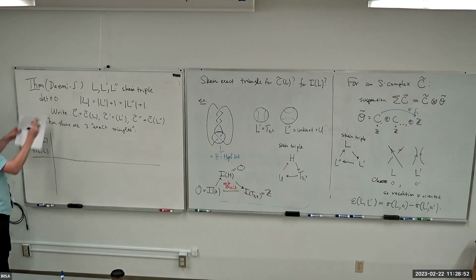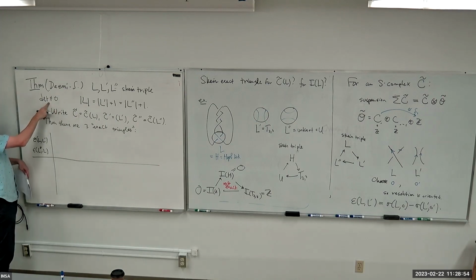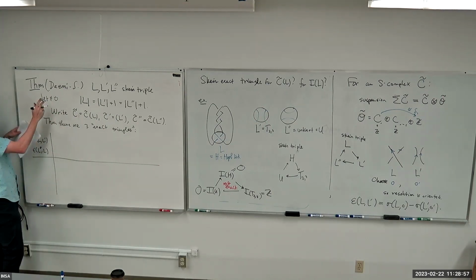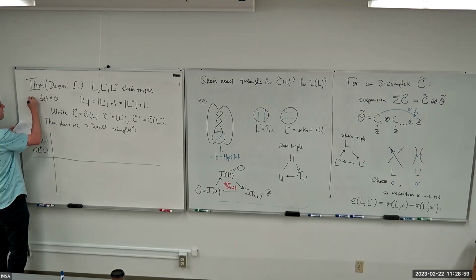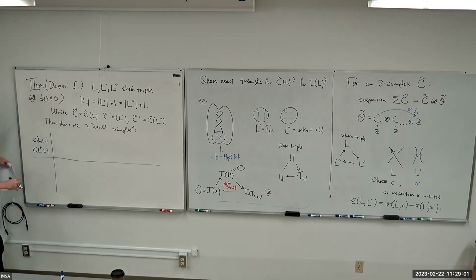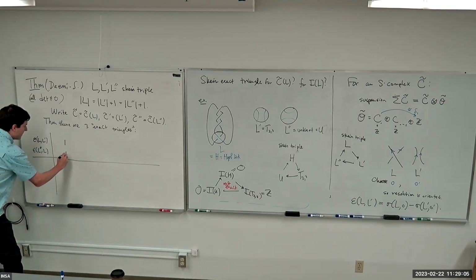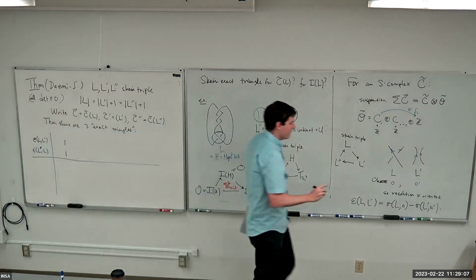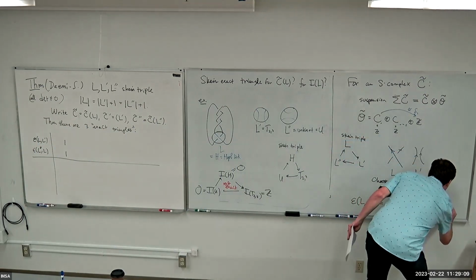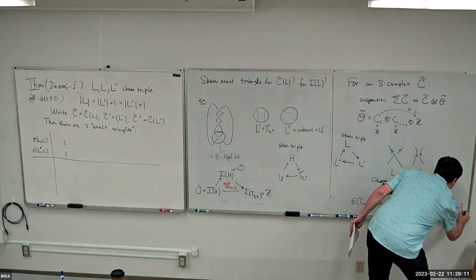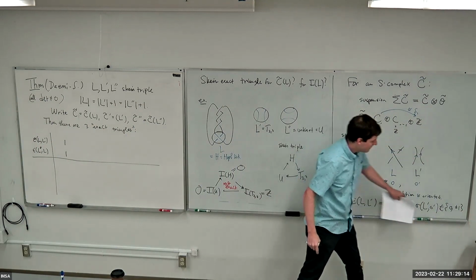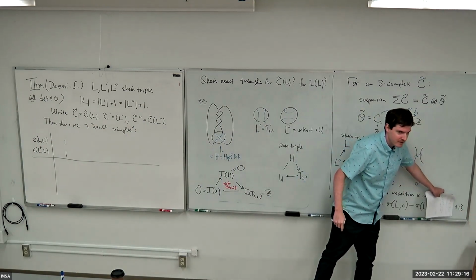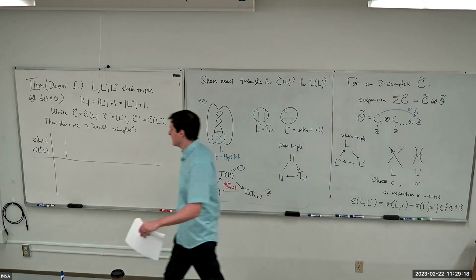There's surely some version of this without this condition, but we haven't done it yet. If these epsilon invariants, which always live in 0, plus or minus 1, and if everything has non-zero determinant, you can rule out 0. Epsilon is always plus or minus 1.